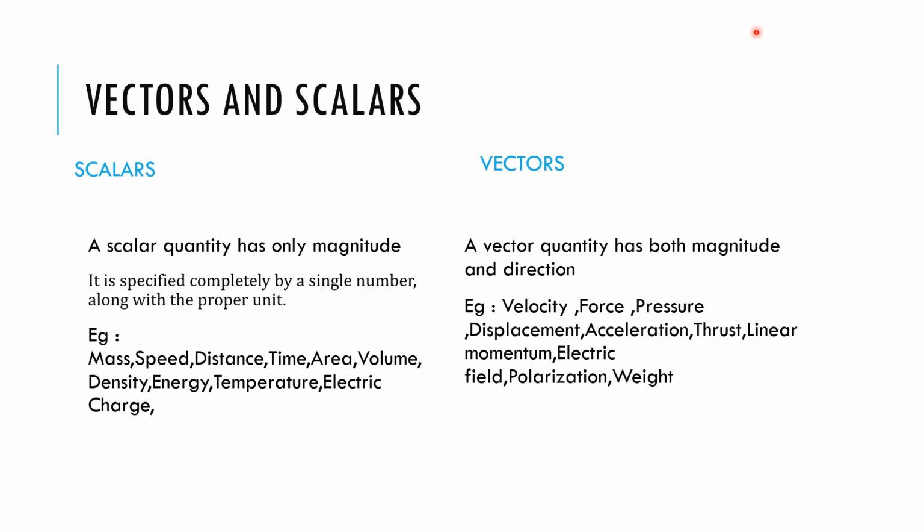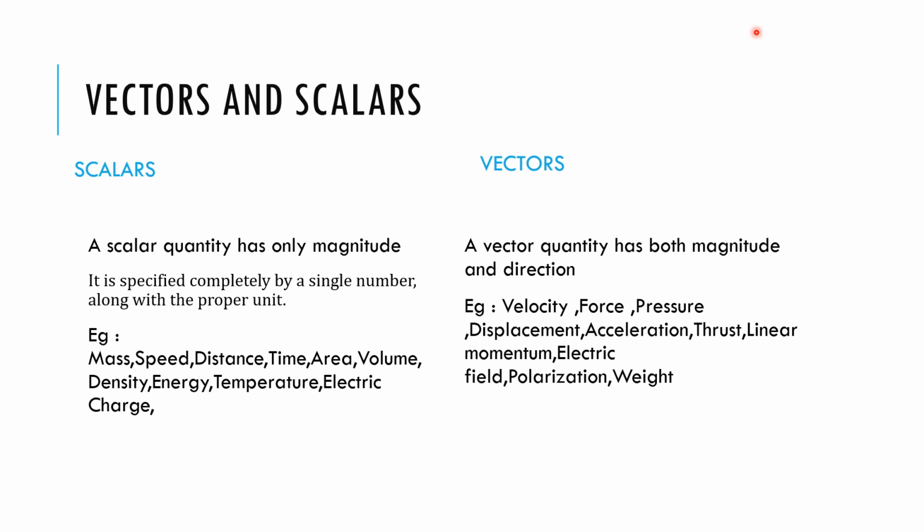In the previous example, we had seen that for displacement and velocity, we are specifying both magnitude and direction. Such physical quantities are called vectors. A physical quantity which has both magnitude and direction is called a vector.